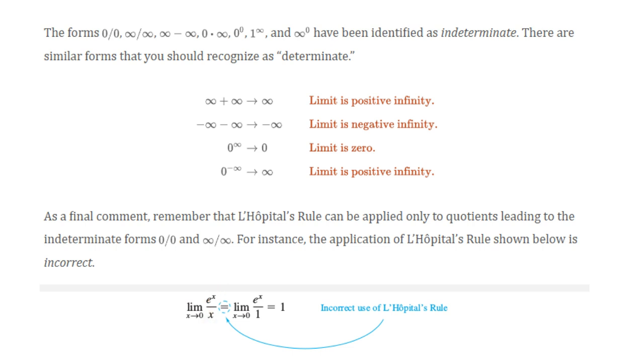Now, the denominator is clearly 0, but when you take the derivative, e to the x still stays on top. The derivative of x is 1. That's your bottom. But the problem is that's not 0 over 0, so it's incorrect use of L'Hopital's.